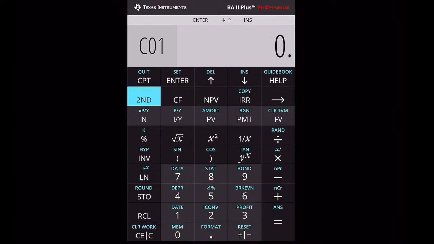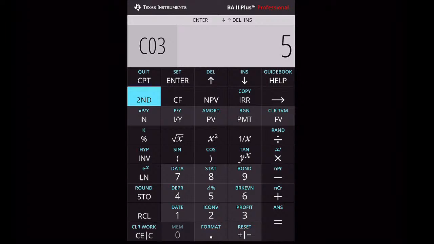Then the net revenues are 500, enter, down, frequency 1, so enter, down, just arrow down, and then 700 is the next one, down, down, and then negative 500 is the next one, down, down.